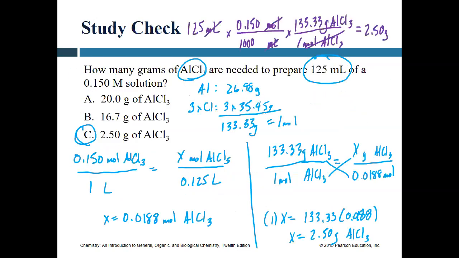That's where the logic for why we can use this particular fraction exists. We're told that the solution was 0.150 molar, so we can break that into pieces based on that definition. 0.150 moles, 1 liter. Is that what you're getting at? Okay.